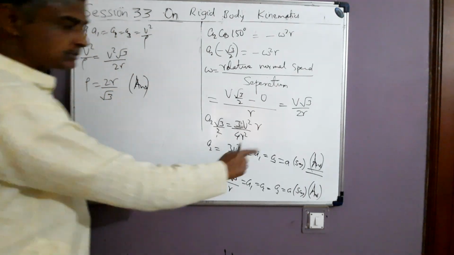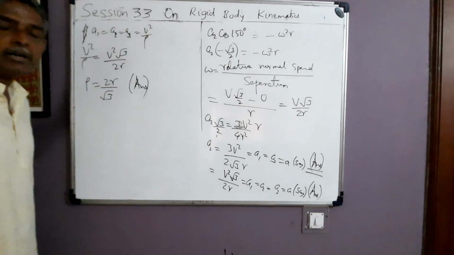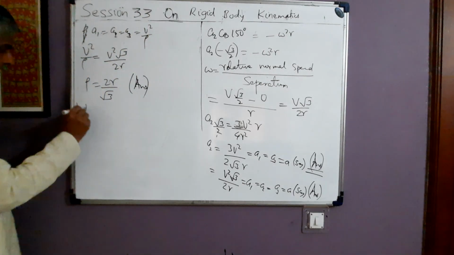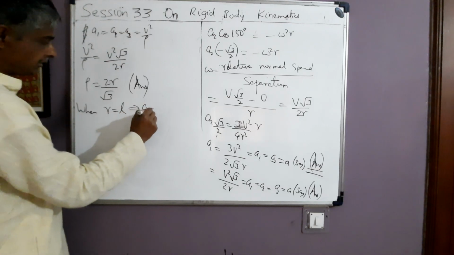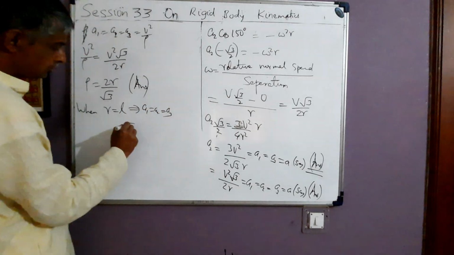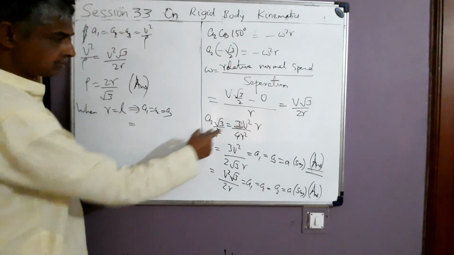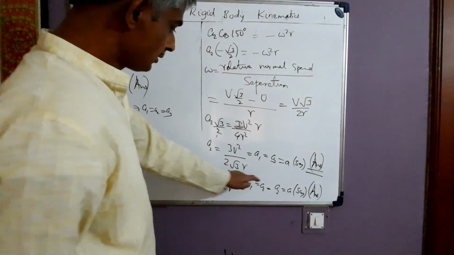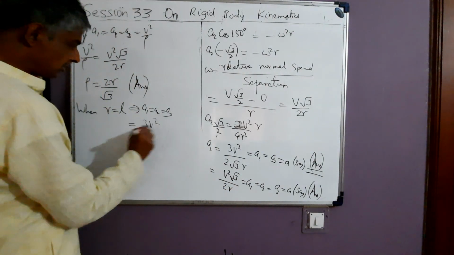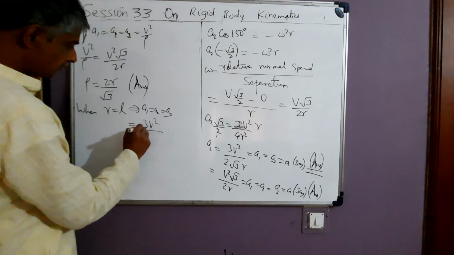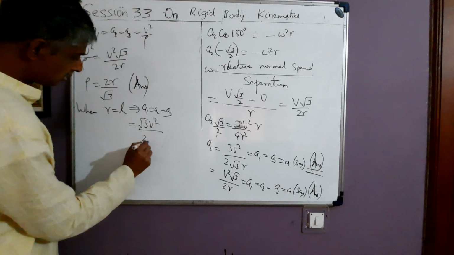Now we are given 2 specific values of R. R equal to L, R equal to L by 2. So when R equal to L implies A1 is equal to A2 is equal to A3 is equal to how much? We replace R by L. It becomes 3 V square root 3 by 2L.